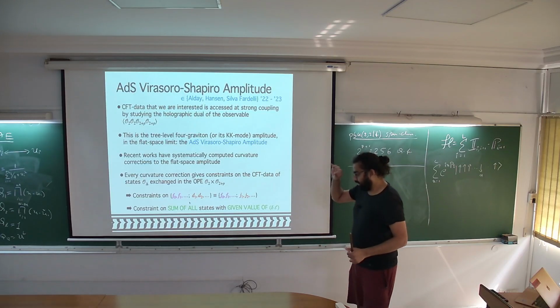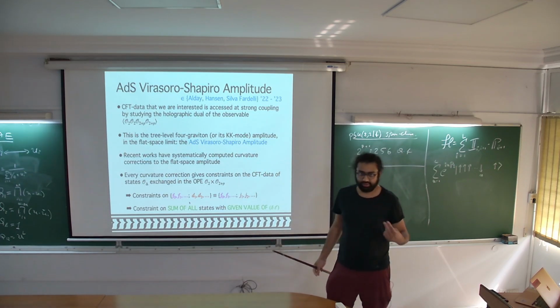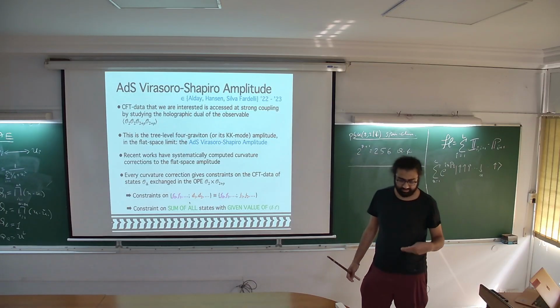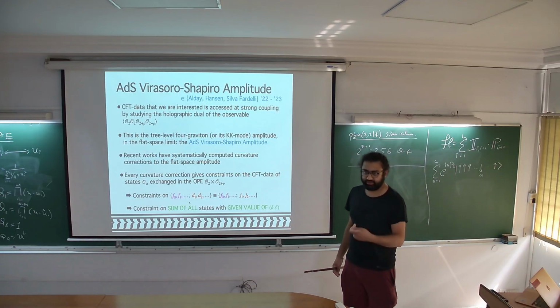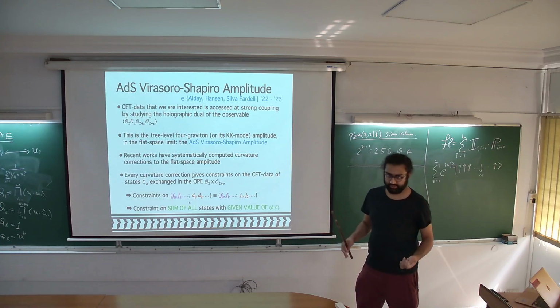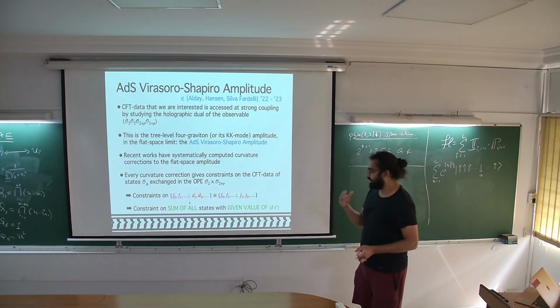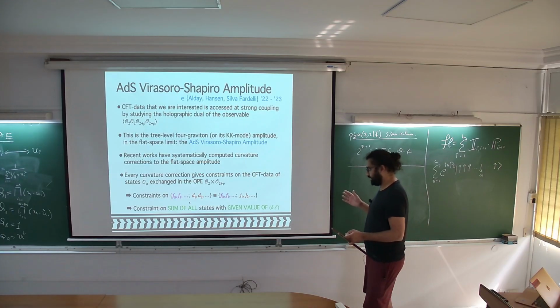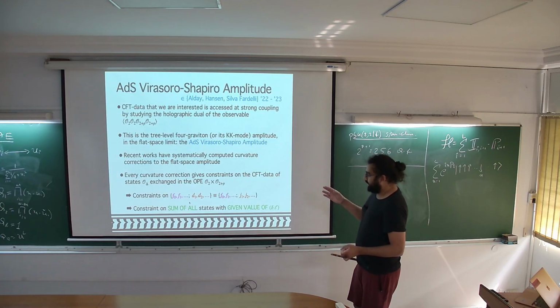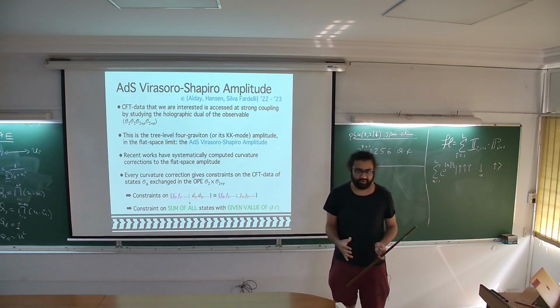Until now, for p equal to 0, there are two curvature corrections computed, so we have a bit more constraints, and for p not equal to 0, there's one curvature correction computed. But nevertheless, every time you compute a curvature correction, you have some constraints.